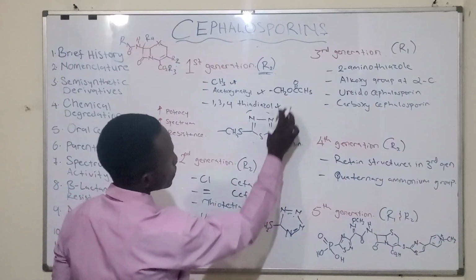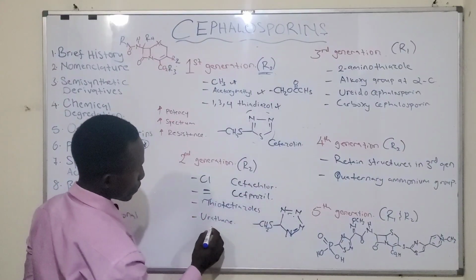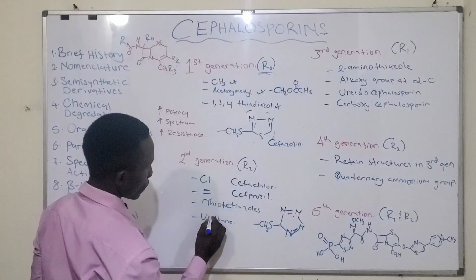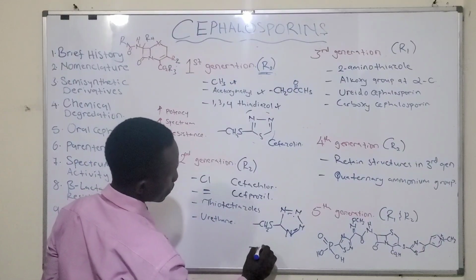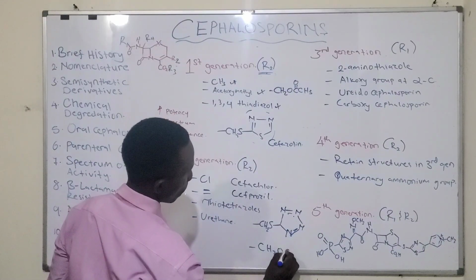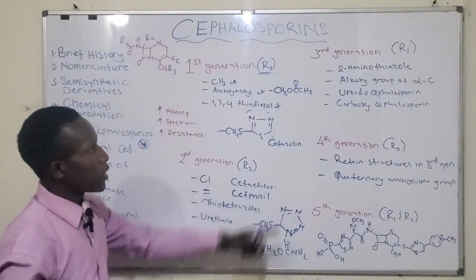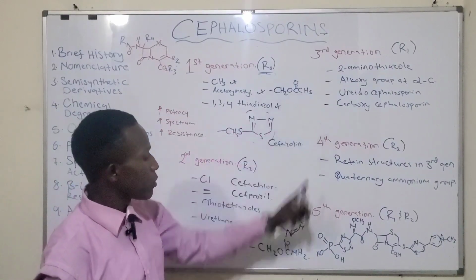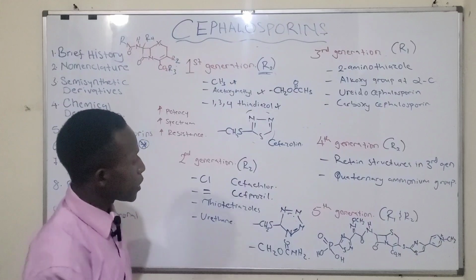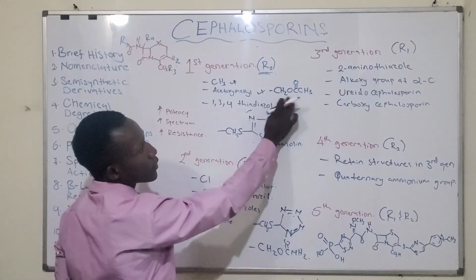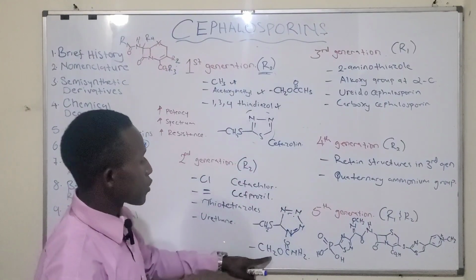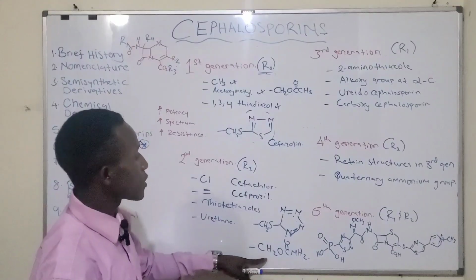Then urethane, for urethane is CH2. So they are replacing the methyl group with an amino group, meaning that this is an ester, so it is cleaved by esterase, but this one will not be cleaved by the esterase.